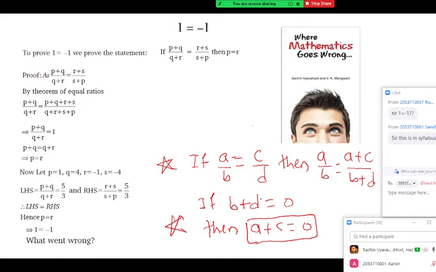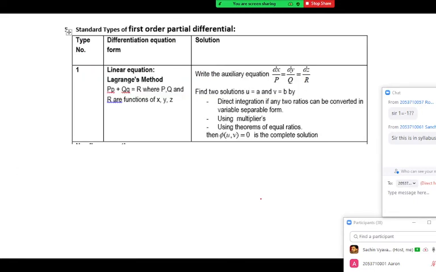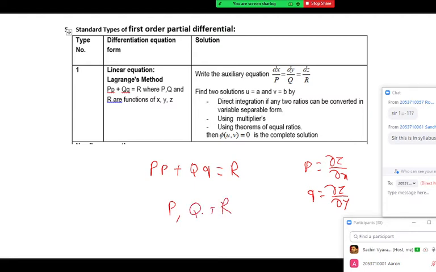Let me see the next slide, which is a part of our syllabus. First of all, we are going to solve first order partial differential equations, and in first order partial differential equations we have the form Pp plus Qq equal to R. This is Lagrange's form, where remember small p is dou z by dou x, small q is dou z by dou y, and capital P, Q, R are functions of x, y, z.